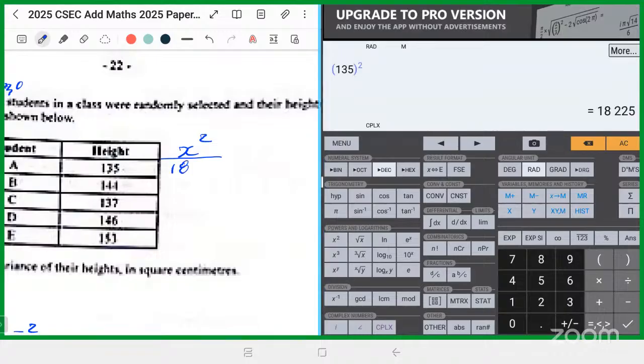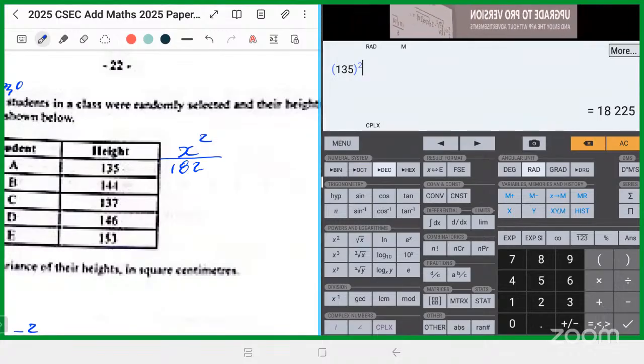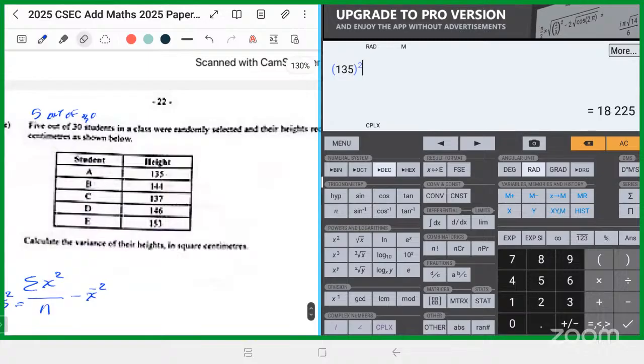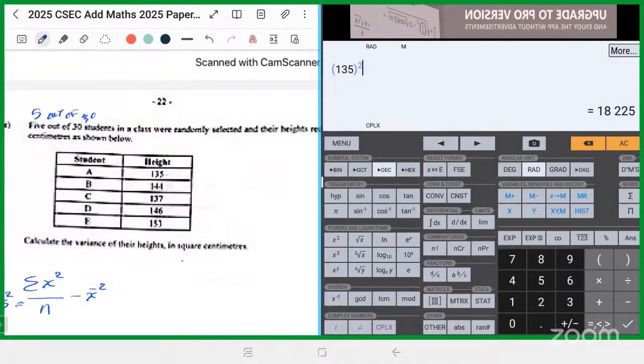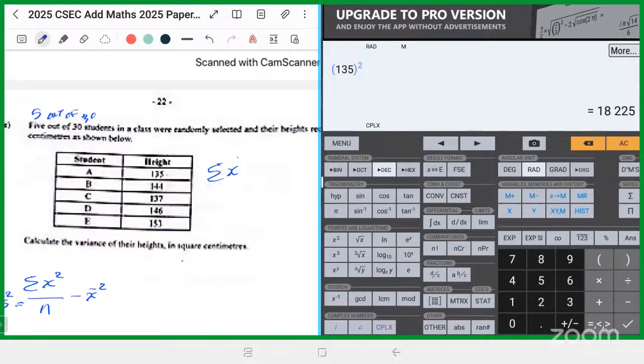You could actually put these in the calculator and work it out, so we don't have to waste time. So we can just set the sum of x squared. Look at the calculator. Sum of x squared equals square them and add them up.